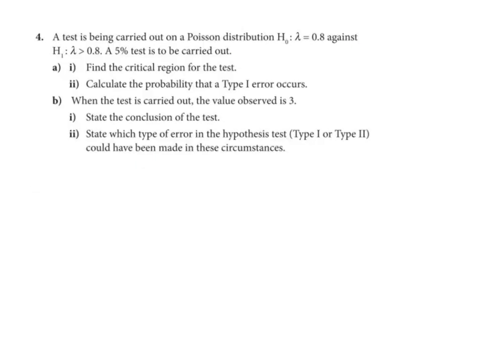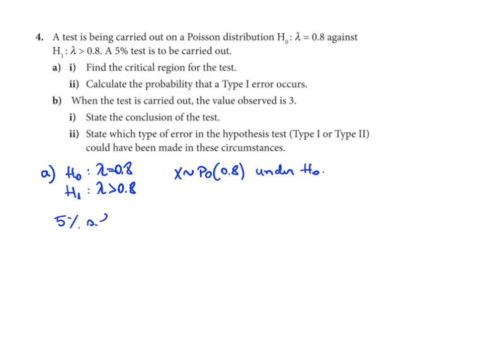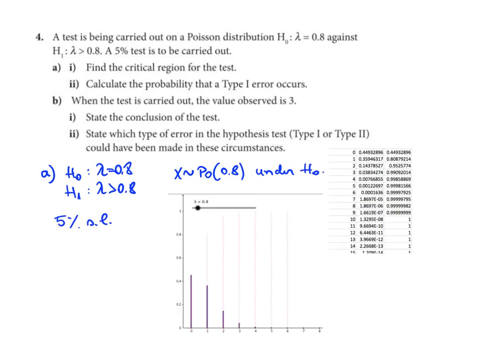Let us look at this example where we actually carry out a hypothesis test from the beginning to the end. Okay, so I'm bringing in the graph of the distribution.